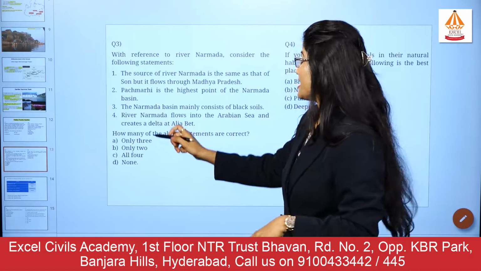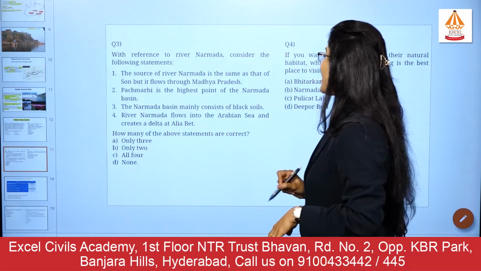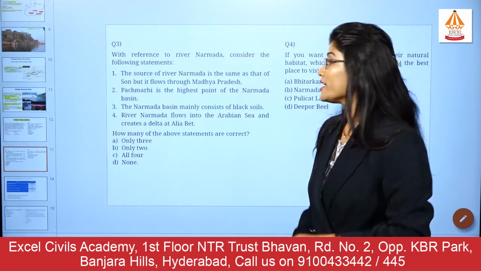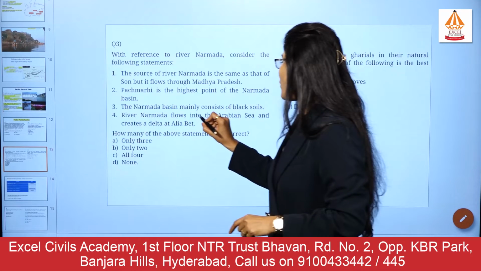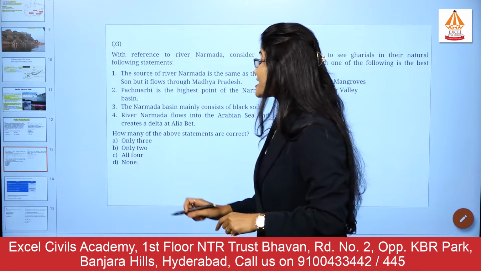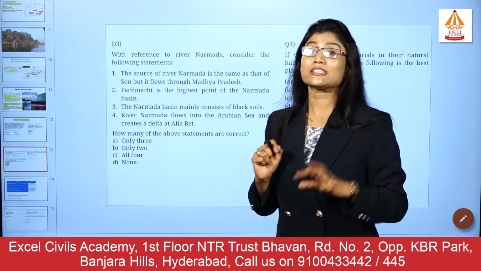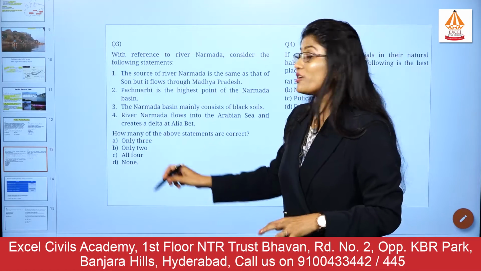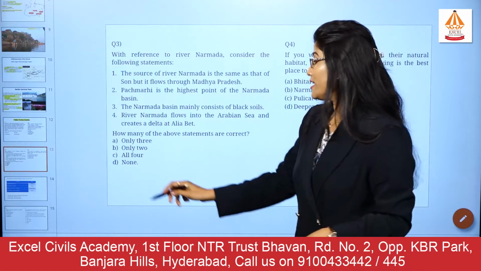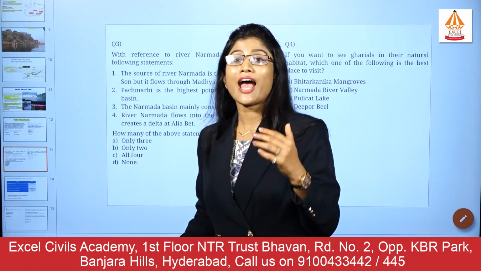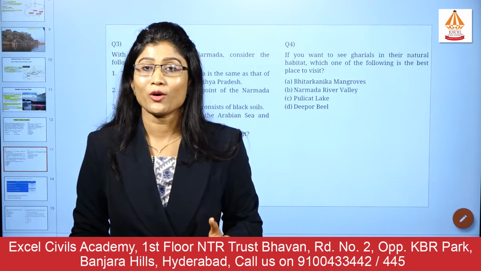Third, the Narmada basin mainly consists of black soil. Fourth, River Narmada flows into the Arabian Sea and creates a delta at Aliabet. How many of the above statements are correct? A, only 3, B, only 2, C, all of the above and D, none of the above.